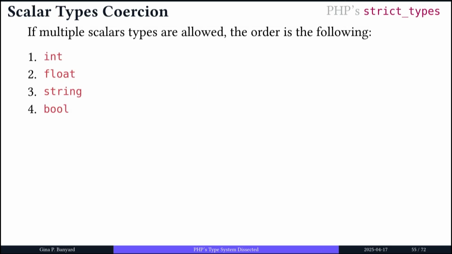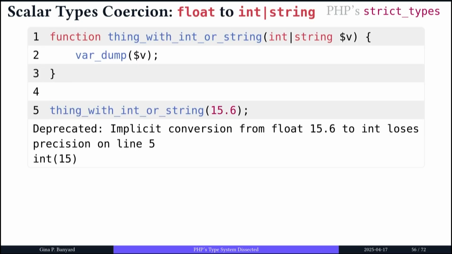Scalar type coercion applies if I have multiple types. If I have a union type and I pass, for example, a string, it will first see if it can be coerced into an integer, and then it will check if it can be coerced to a float, and so on. Which leads to this weird thing that a float is currently coerced to an integer with precision loss, so we truncate the fraction.